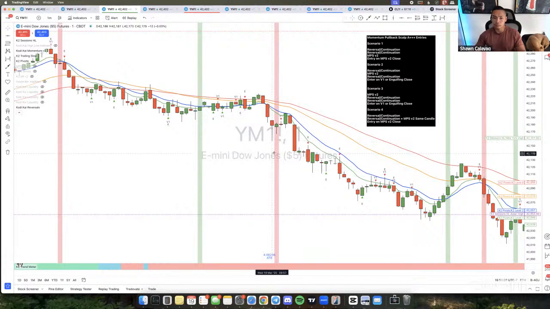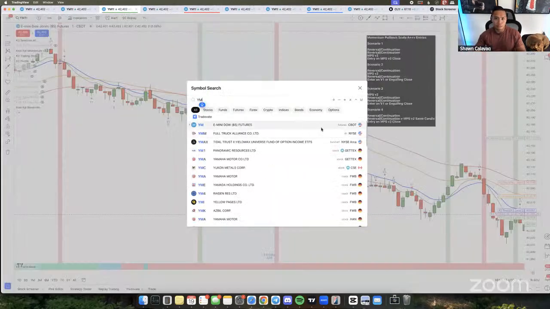It's going to be included, but if you want to have multiple windows open, then you'll have to pay for the data. I think it's like $4 a month. Yeah, CBOT or CME Group, whatever has YM on it, because YM is part of CBOT. So you can see over here, it's CBOT futures. So you want to have the CBOT data.